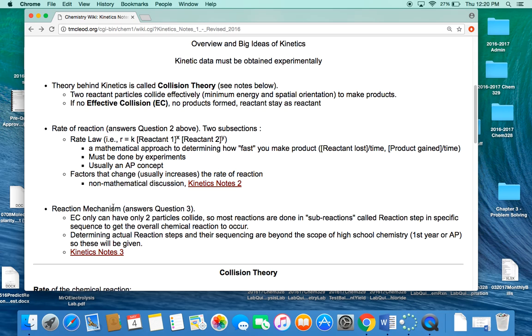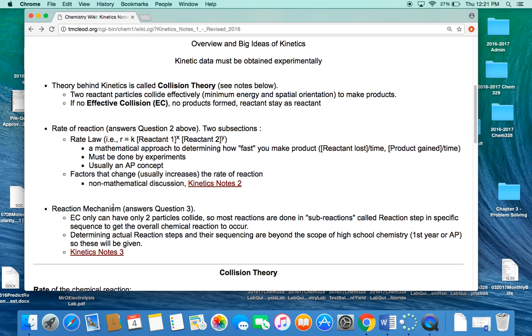Each reaction step is only 2 things smacking together, and some of those things aren't even in the overall chemical reaction because they're called intermediates.